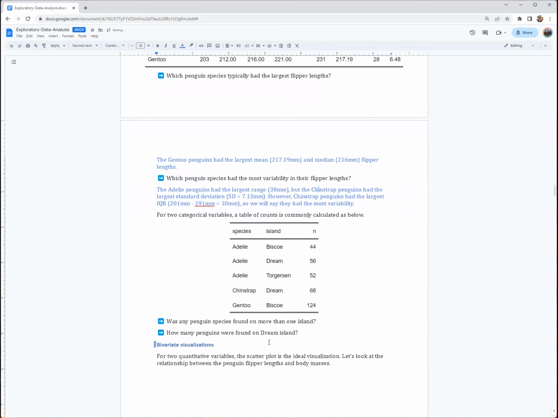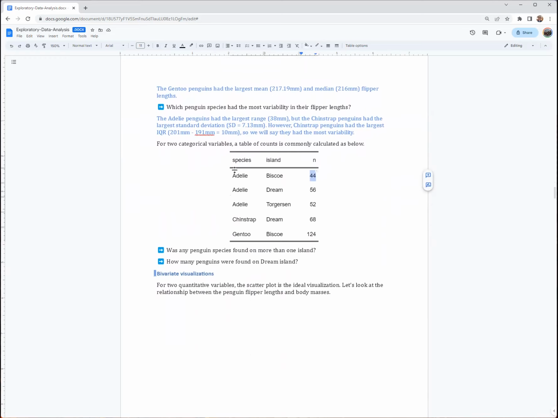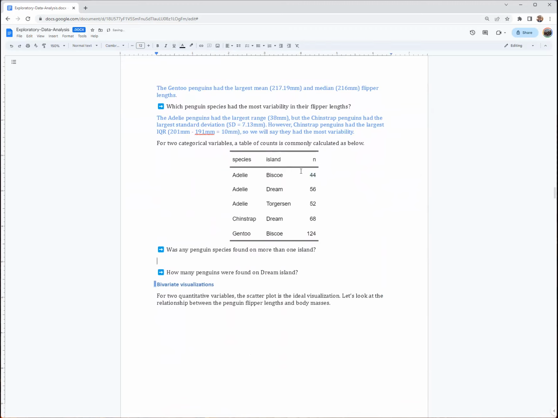All right. When you have two categorical variables, a common set of numerical summaries that are calculated is the counts of the cross section of the two variables. Okay. So this, for example, is the number of Adelie penguins found on the Biscoe Island, 44. All right. And then we also have the number of Gentoo penguins on the Biscoe Island.